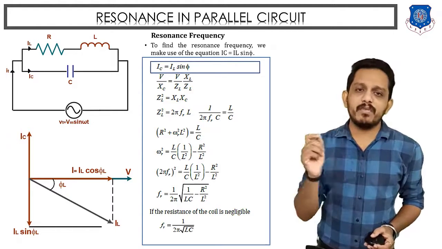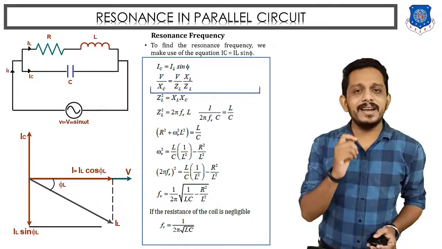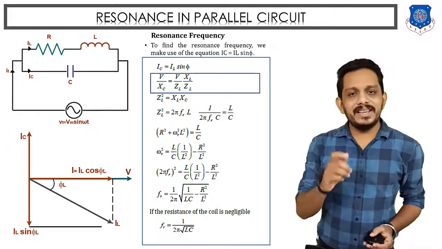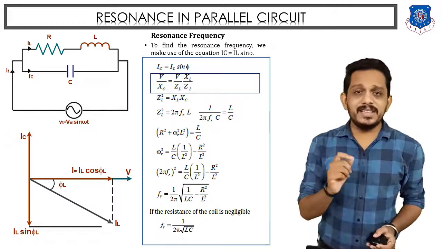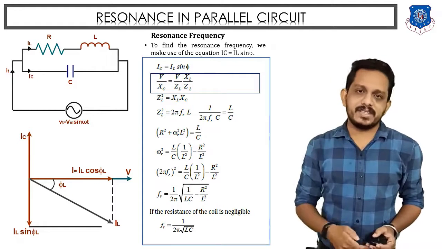So if we take IC is equal to IL sin phi first as a condition of resonance, and if we put the values of IC, IL and sin phi, then IC is nothing but V upon XC.